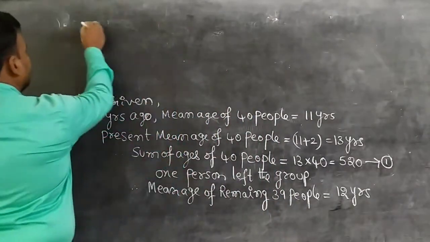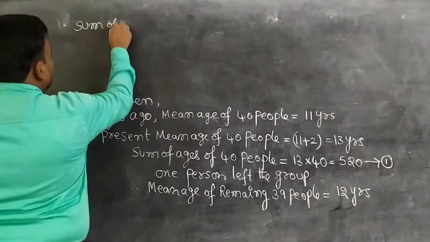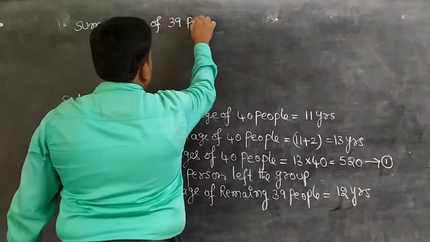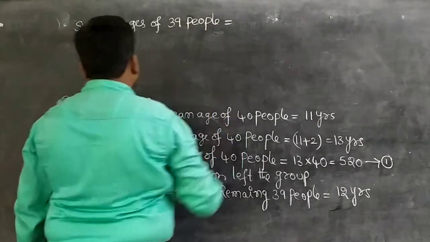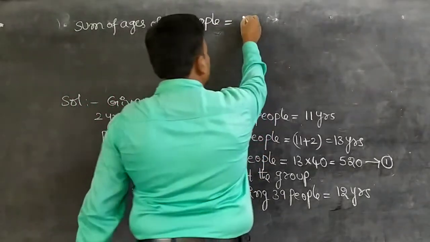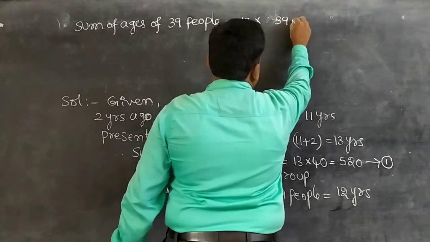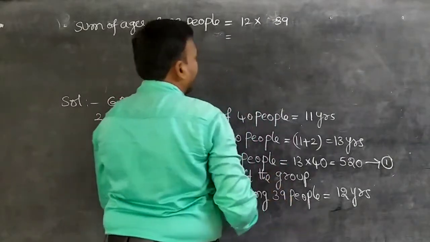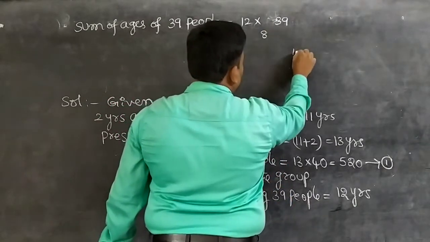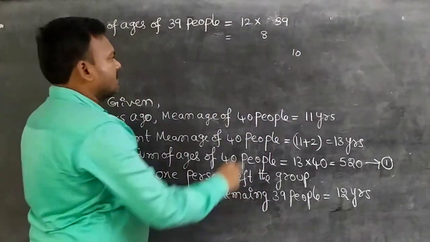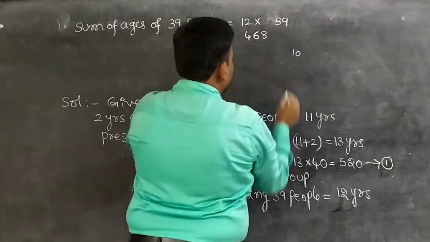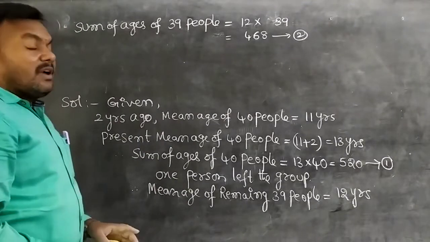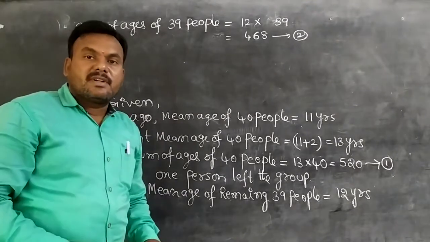Sum of ages of 39 people equals 12 into 39. 12 into 39, it becomes, okay, we take care. 12 nines are 108. 12 threes are 36. 36 plus 10, 468, students, which is equation number 2.